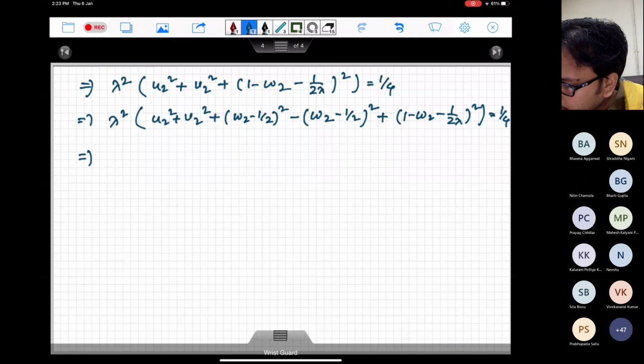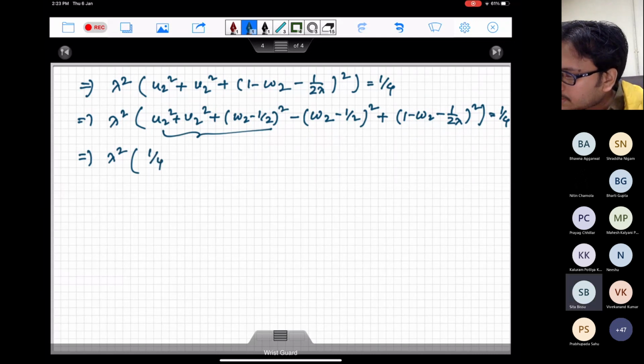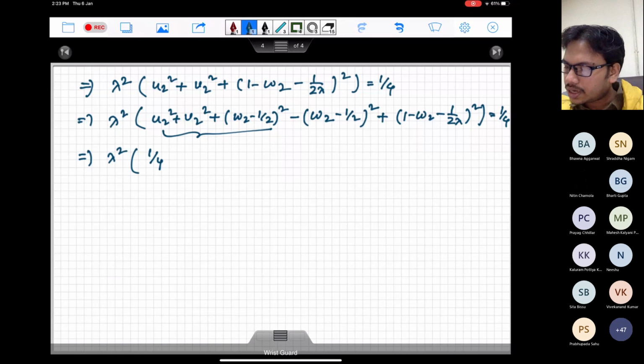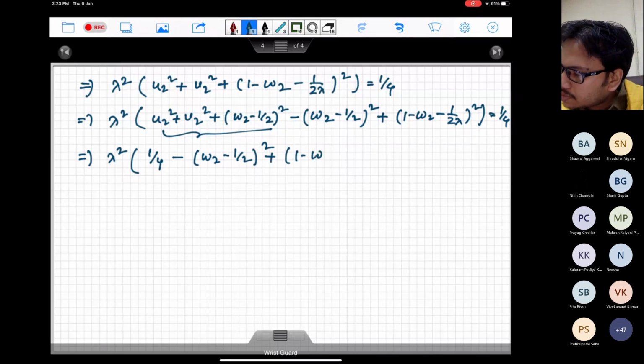Now this implies lambda square times this quantity. What is this quantity? It is equal to 1 by 4, absolutely, because u2, v2 and w2 lie on the sphere, plus 1 minus w2 minus 1 over 2 lambda whole square is equal to 1 over 4.